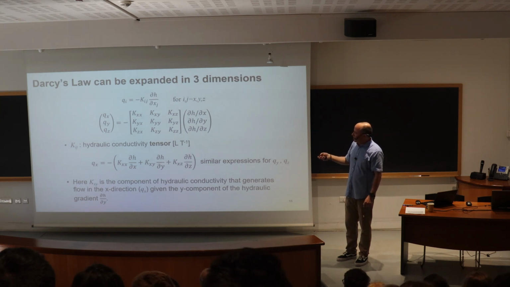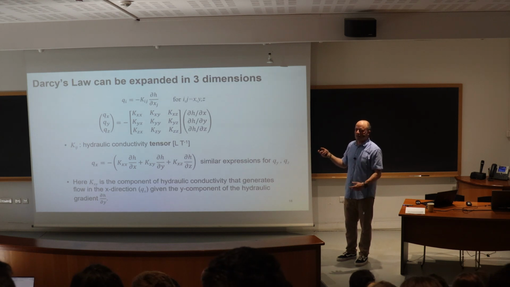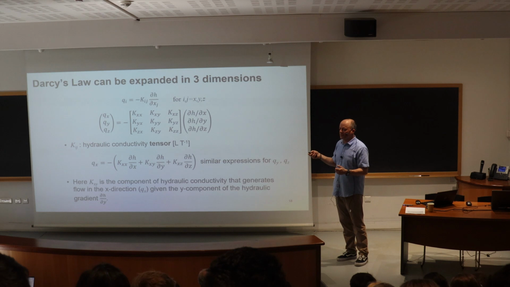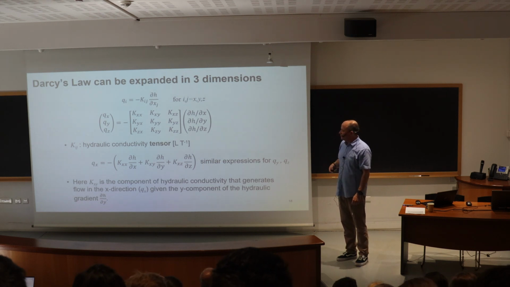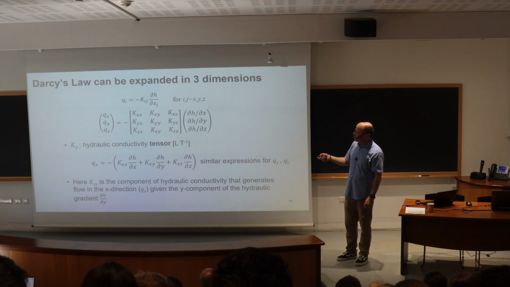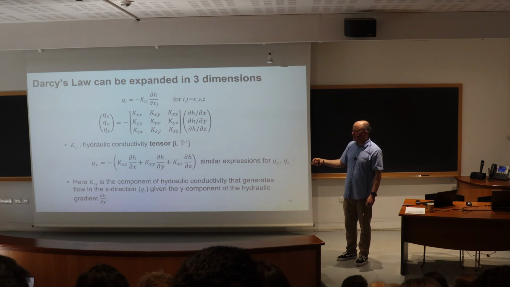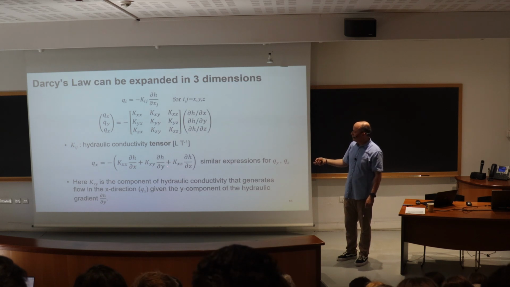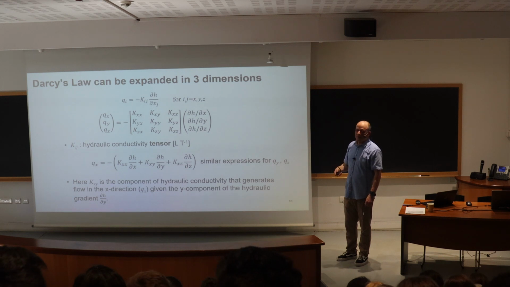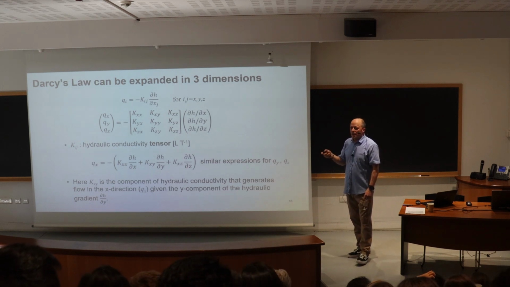And we have to introduce the quantity that relates two vectors, which is a tensor. So hydraulic conductivity is really a tensor in 3 dimensions with 9 components, not necessarily symmetric. And if we just expand the first line to show the component of the specific discharge in the x direction, it's kxx times delta h delta x, so gradient in the x direction, plus kxy delta h delta y, plus kxz delta h delta z. And we have similar expressions for the y and z directions.